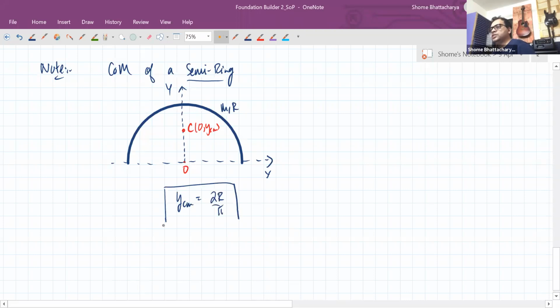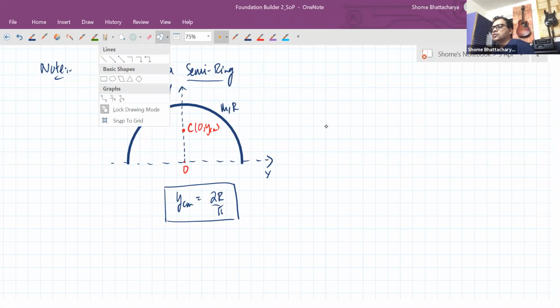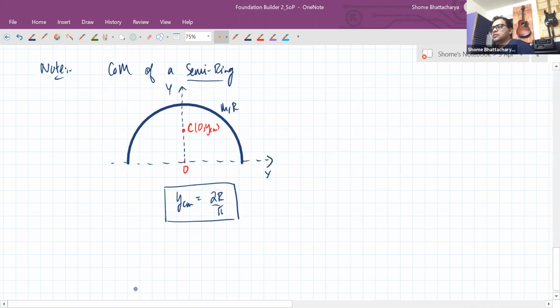In fact, this was an application of a more general formula, where if you have an arbitrary arc which subtends some arbitrary angle alpha at the center of curvature, then the center of mass lies on the symmetry axis, somewhere here, such that this distance OC is given by the general formula.